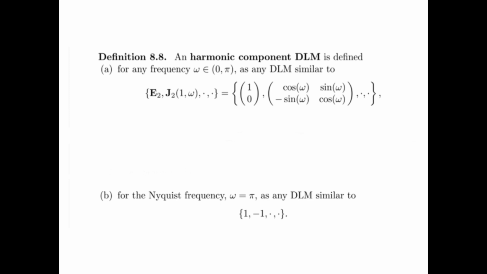So we will stack the DLM definition for each harmonic. Okay, and here is a formal definition, and you can see that for any frequency omega here, the frequency omega is defined to be 2 times pi.